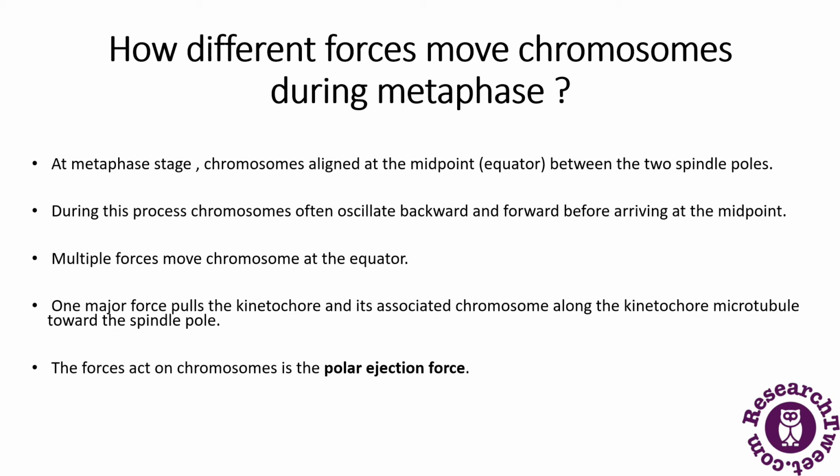There is a depolymerization at the plus end of the microtubule, which somehow generates a force that pulls the kinetochore polewards. Apart from the poleward forces, each chromosome is simultaneously subjected to anti-poleward forces. This force is known as the polar ejection force.